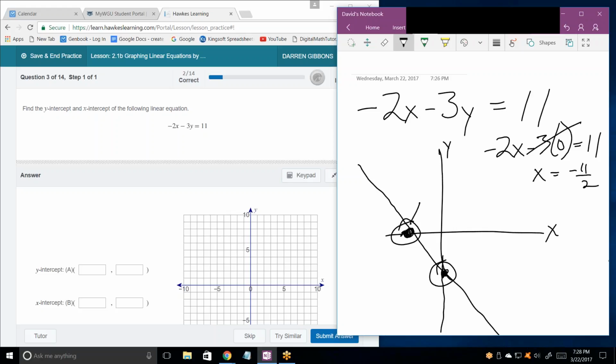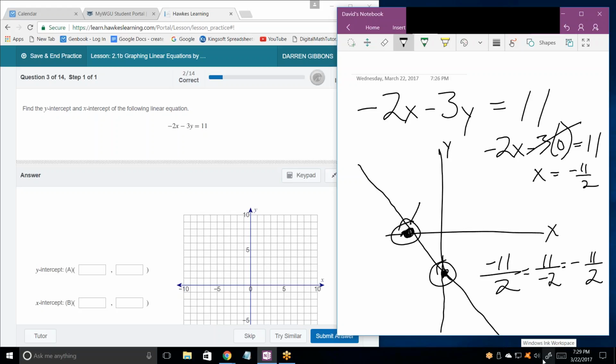Let's talk about that for a second. All three of these numbers are the same. Minus 11 over 2 equals 11 over minus 2 equals minus 11 over 2. Notice the difference. In the left one, my negative sign's in the numerator, it's in the denominator in the middle, and it's in front of the fraction on the right side.